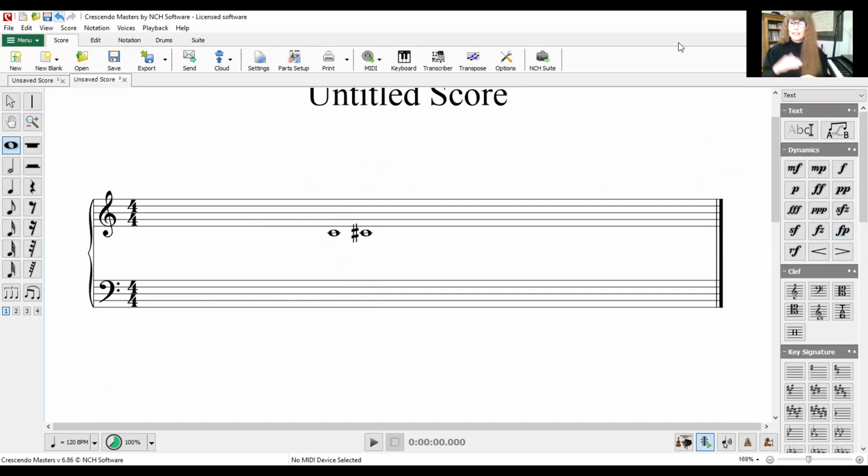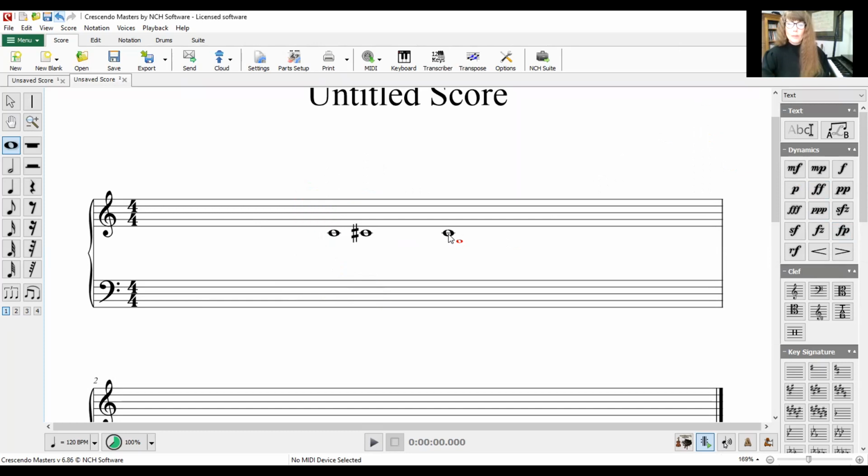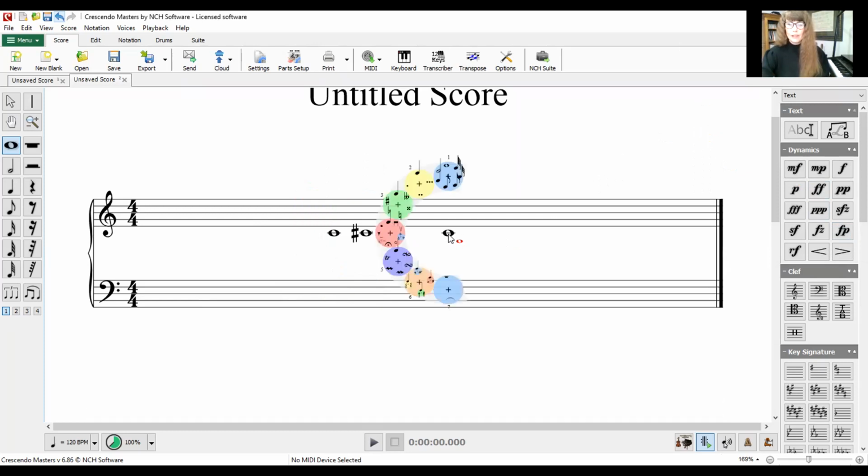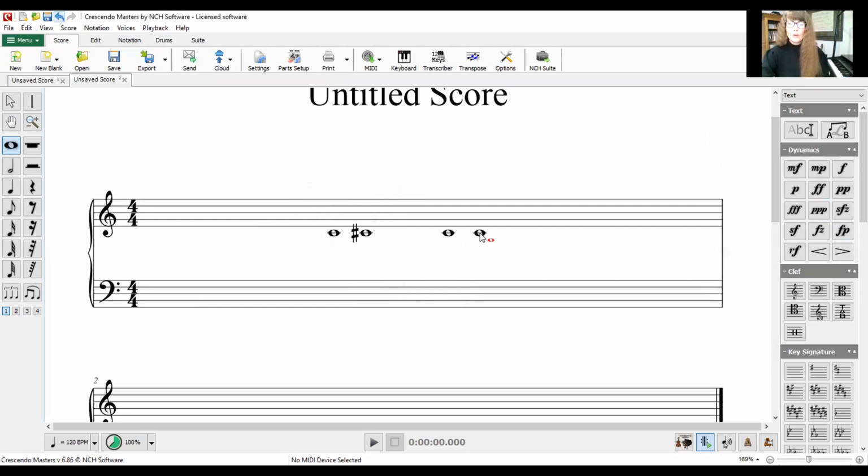So from C to C sharp is a half step above. If I want to go backwards from the C, and I'm looking for a half step, I would notate that C going to B, and that would be a half step below.